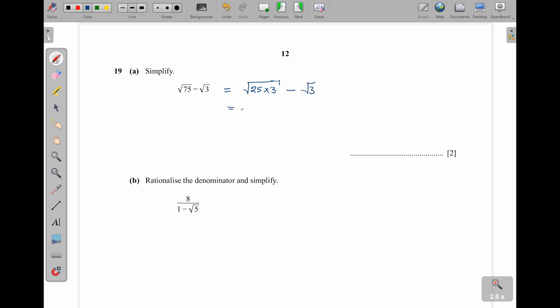And then here I will have root of 25 times root of 3, then minus this root of 3. Root of 25 is 5, root 3. And then surds are said to be added or multiplied if the number under the square root sign is the same. So the number is the same, 3 and 3 here. That means we can simplify them. So 5 minus 1 will give us a 4. So I will have my answer as 4 root 3. That is the simplified one.